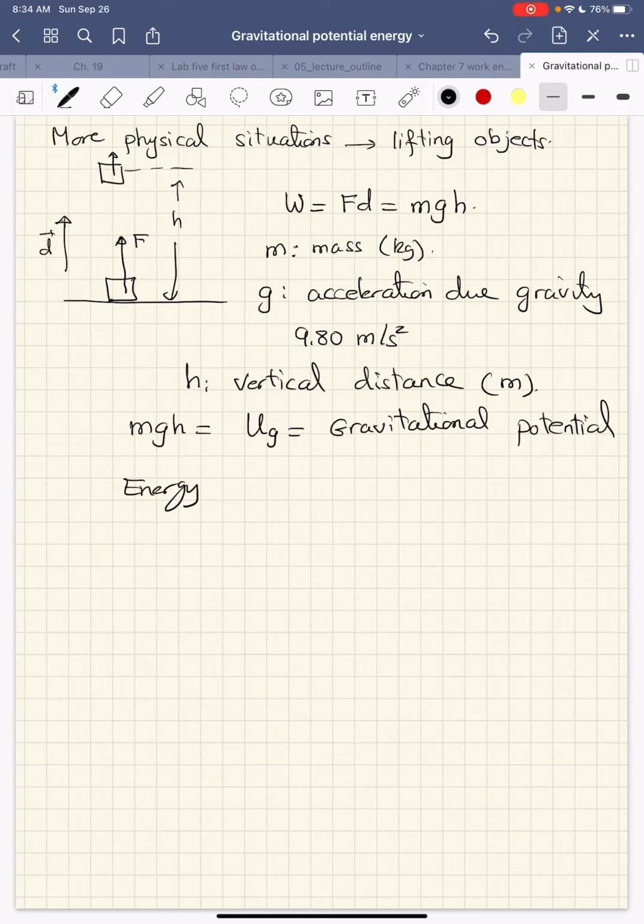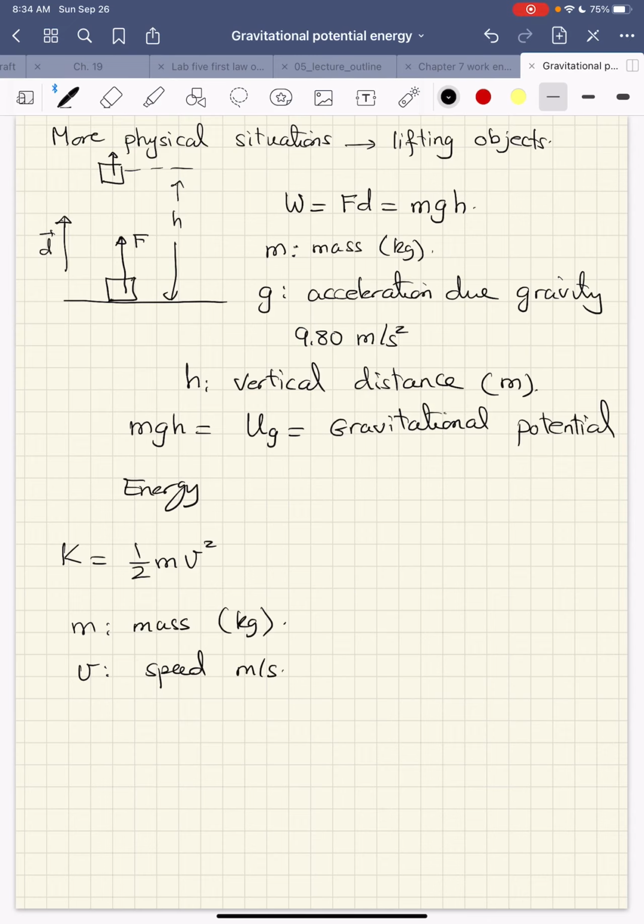Now, what I defined last time is kinetic energy, 1/2 mv squared. Here again, m is mass in kilograms and v is the speed in meters per second.